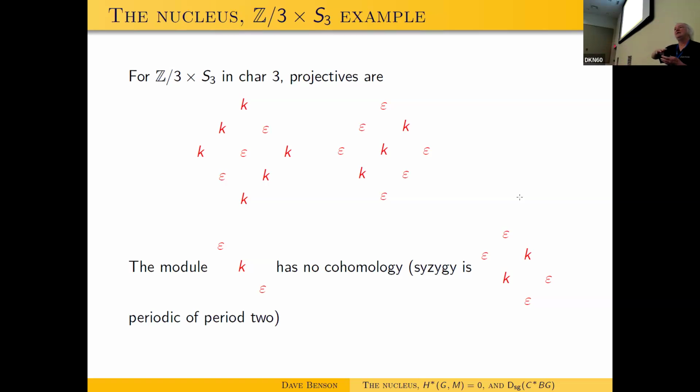And then I do it again and I get back to the first module. So it's periodic of period 2. And there are no invariants in either of these 2 modules. There are no homs from k into either of these 2 modules. And so there's no cohomology. And that's typically how you get no cohomology modules. I mean, often it's easiest to construct just periodic modules and check a finite number of things.